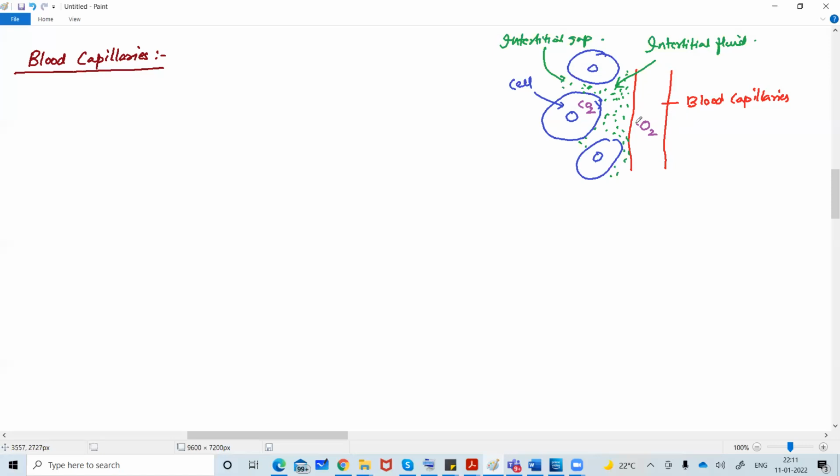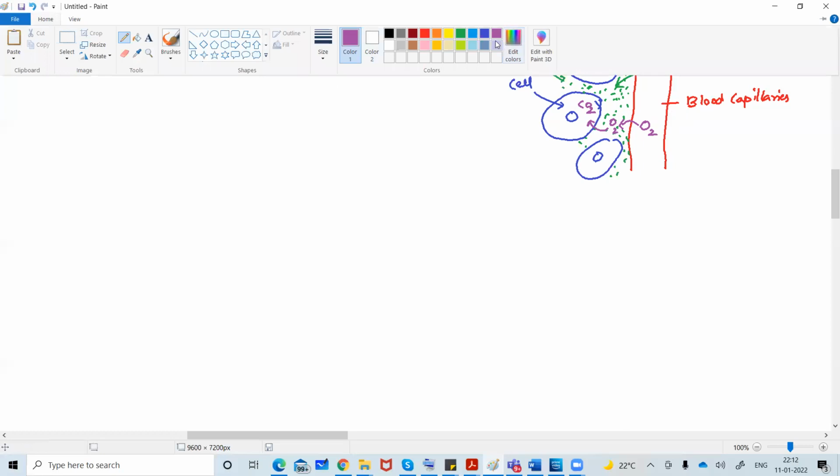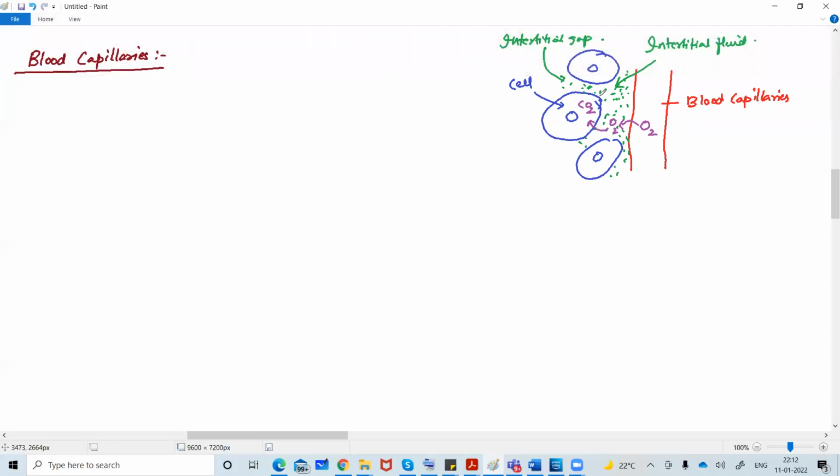So first oxygen diffuses out into the interstitial fluid, and then it will go into the cells. Same process here. Carbon dioxide will be secreted into the interstitial gaps, and from there it will go into the blood. And then it will go towards the heart.